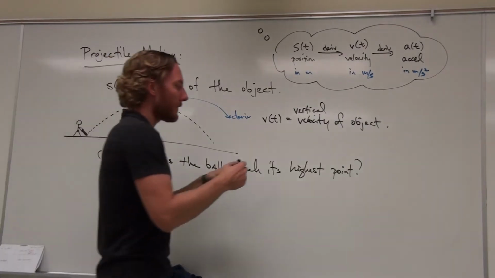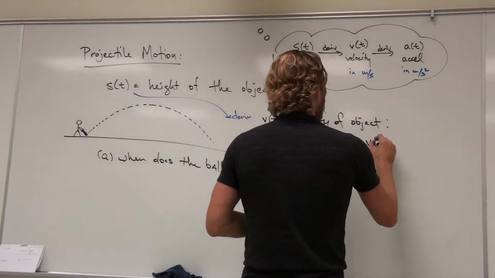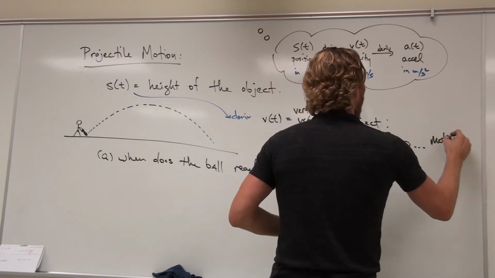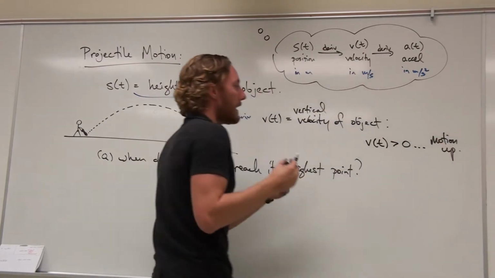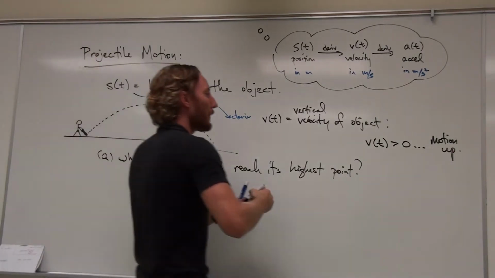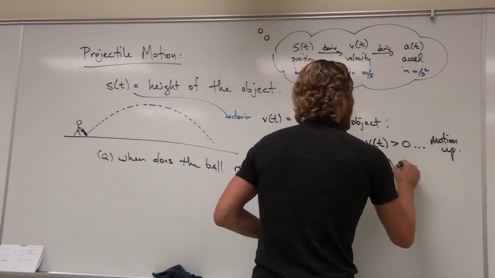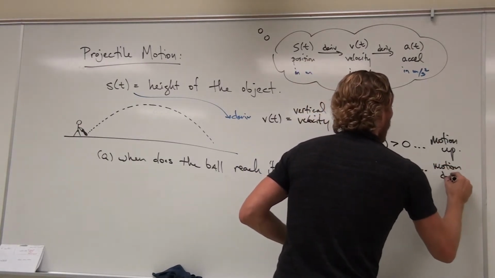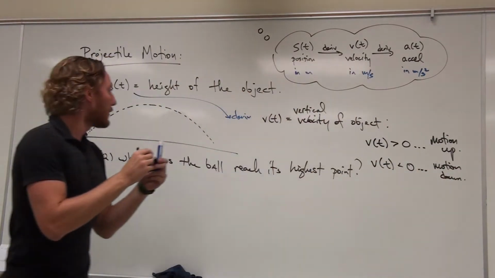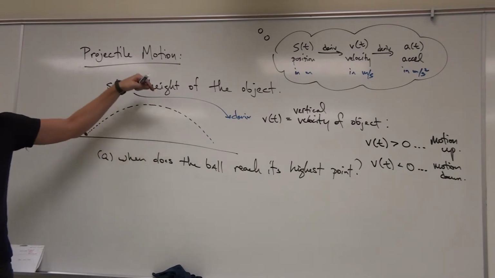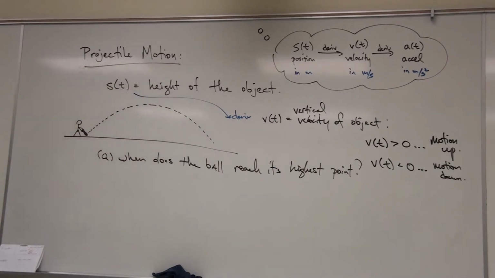So the velocity being positive means the motion is up. When the ball is struck, the velocity is positive as the ball ascends. On the flip side, velocity is negative when the motion is down. So after the ball reaches its apex, the velocity is negative because the ball is falling.